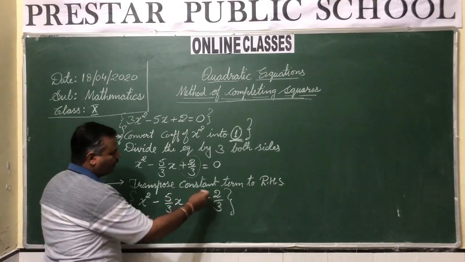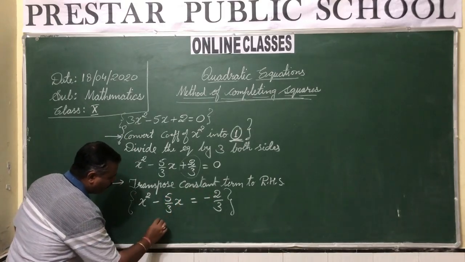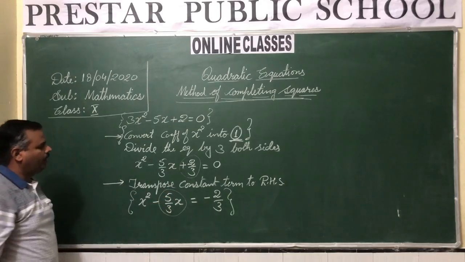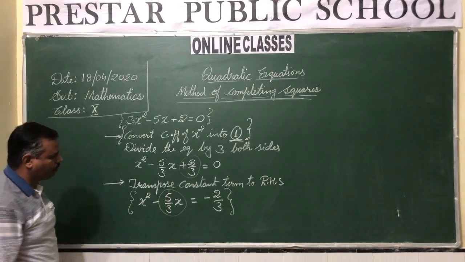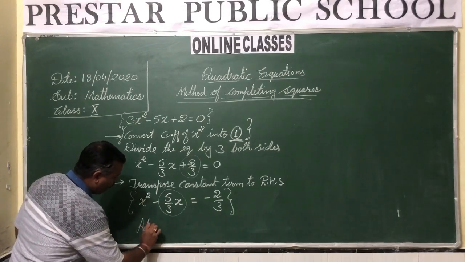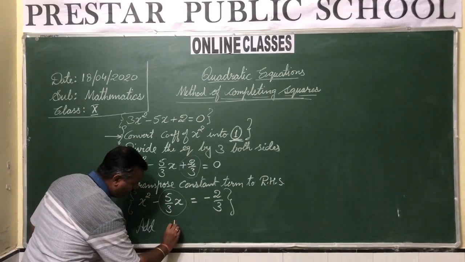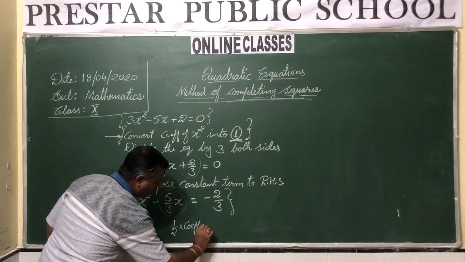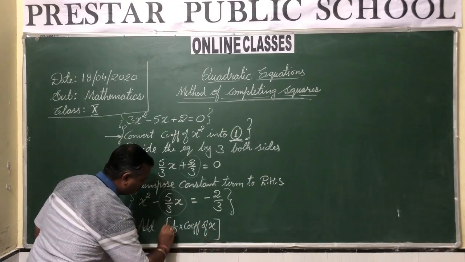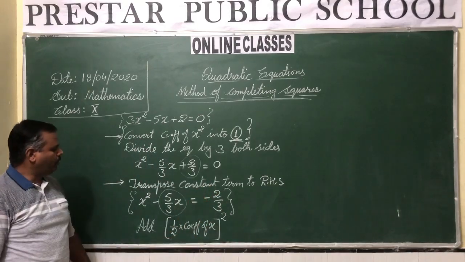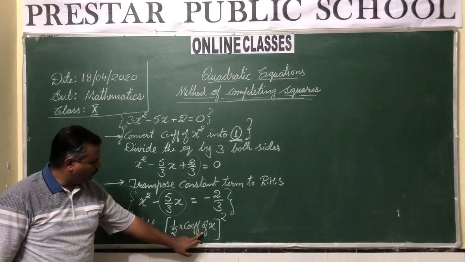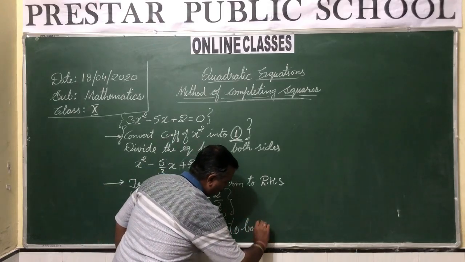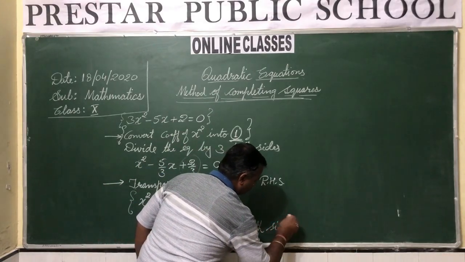In order to do that, we take the coefficient of x, which here is 5 upon 3, and we add the square of half the coefficient of x to both sides. This is our third step of the procedure.